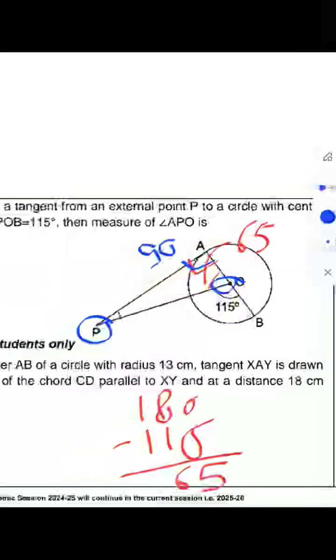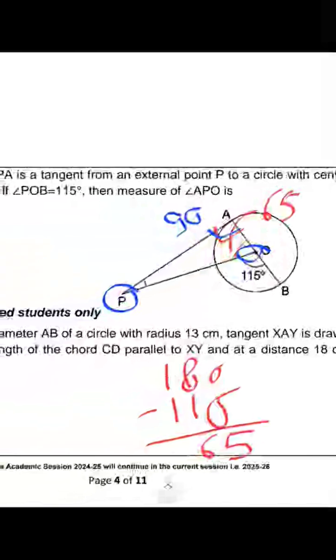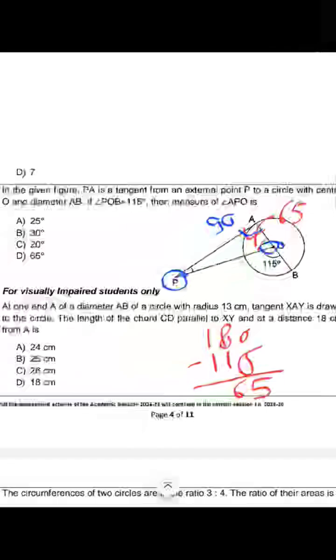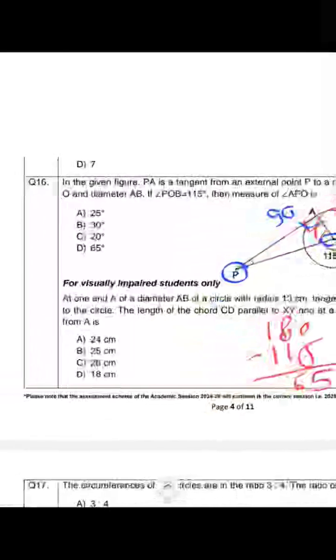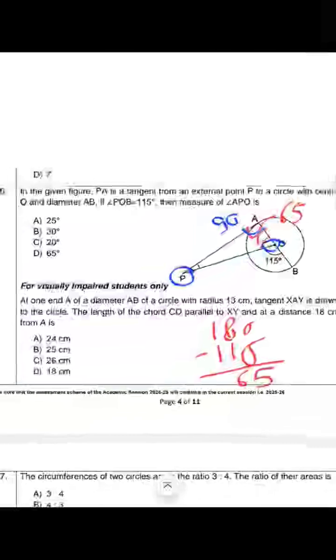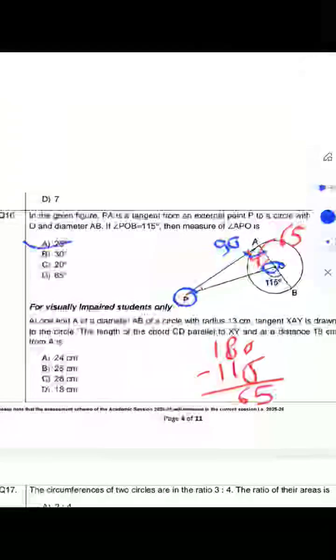So in 65, what should you add to get 90? 65 plus 25. So the answer is option A. The right answer is A.